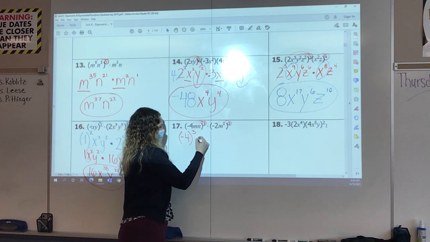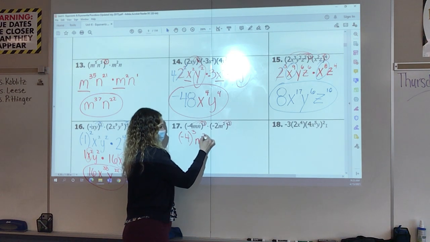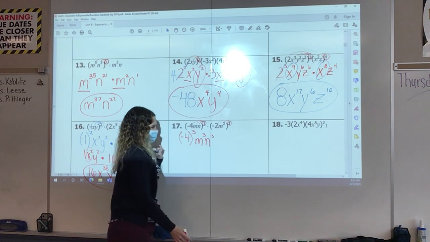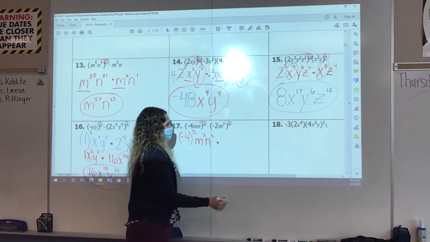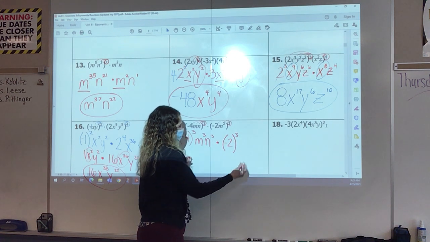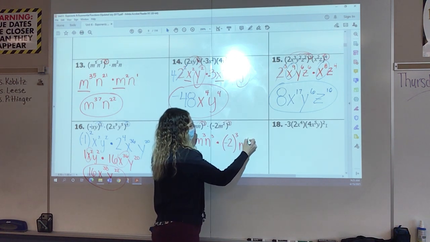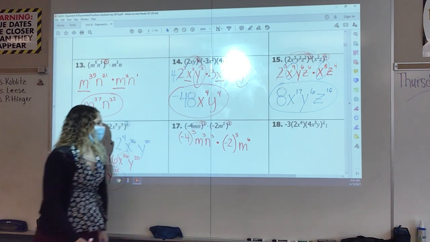Then m to the, yeah, it's under the 3rd. Multiply. Drop down your -2, we'll cube that. Then we'll have m to the 2 times 3, which is 6. Good job.